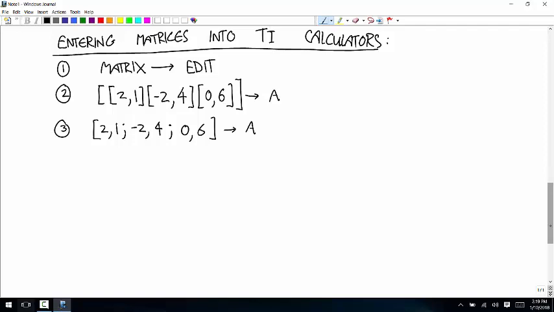Okay, so next we have to talk about the matrix operations that are going to come up a lot. The first one is transpose.